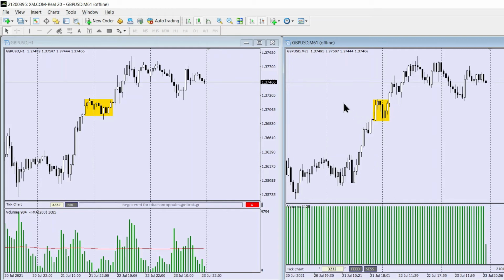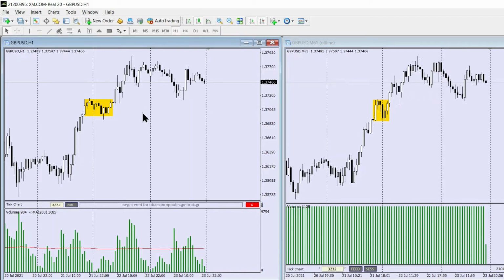This is an advantage for me, the constant volume. It's a big advantage also on the Weis Wave, as you're going to see later on. The problem with this, at least for me, is that I have to go back and forth because I need to create my levels, and I don't know if my levels, for example resistance or support, are the weekly or the daily or whatever level that is.